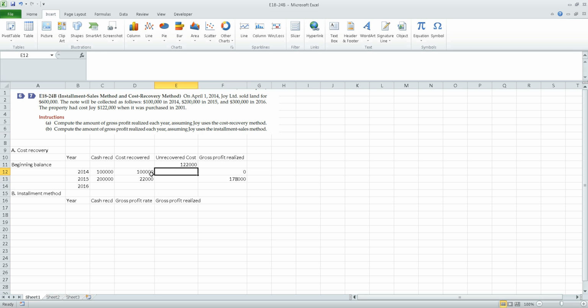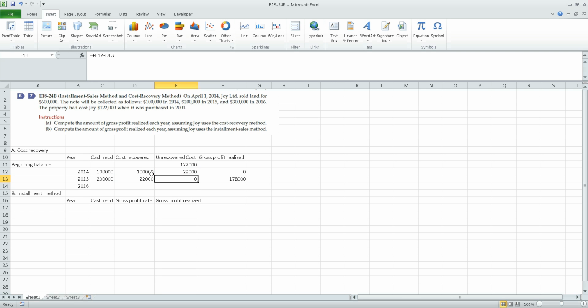By the way, I forgot to complete the unrecovered cost here. So our original cost was $122,000. From that we subtract the amount of the cash that we received that was deemed to be a recovery of cost, and our unrecovered cost in the land is $22,000. So then to finish out the cell here, the unrecovered cost in the land at the beginning of the year was $22,000. The amount of this year's cash collections that was deemed to be a recovery of cost was $22,000.